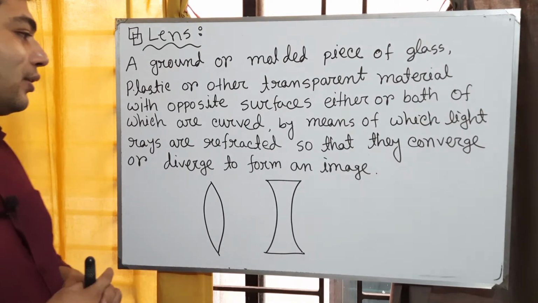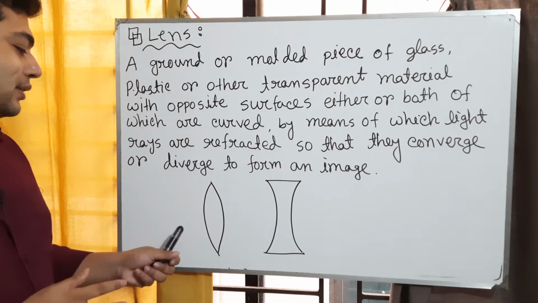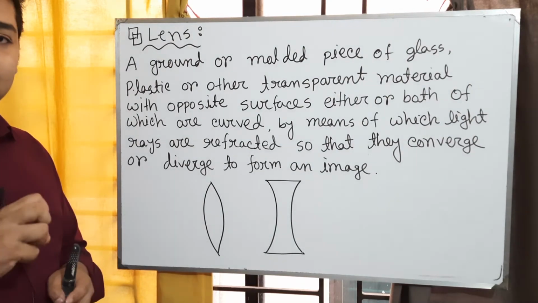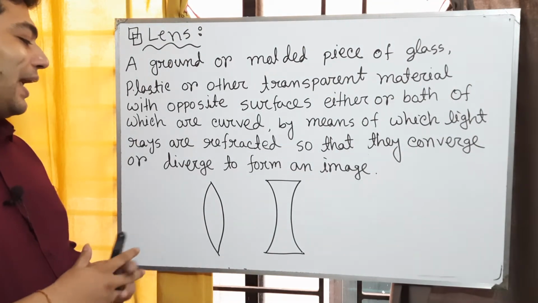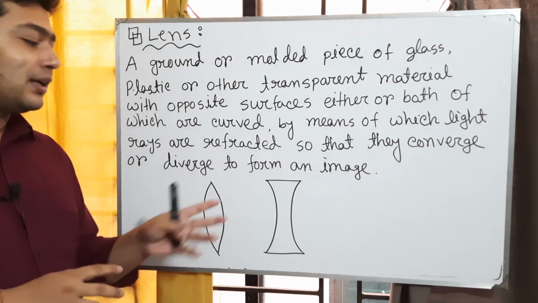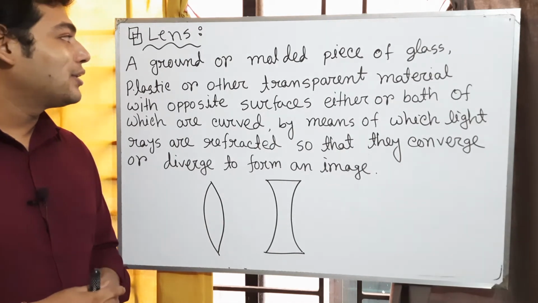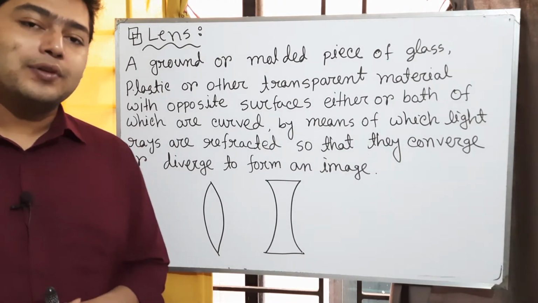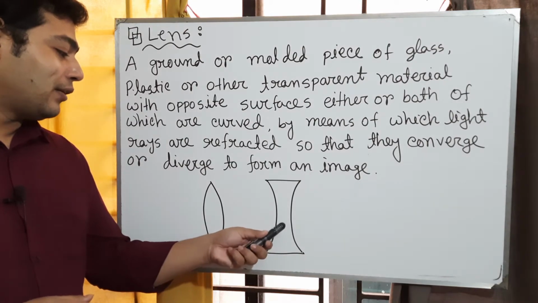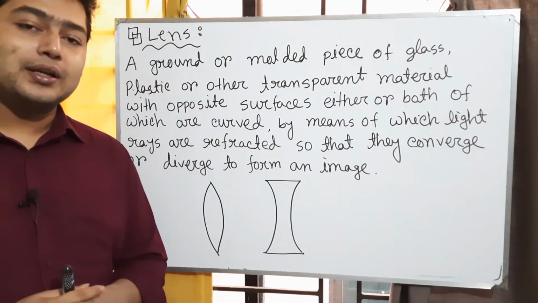So this type of lens will converge the light rays, and this type of lens will diverge the light rays. Okay, now our next topic is types of lens. We will discuss more in our next topic.